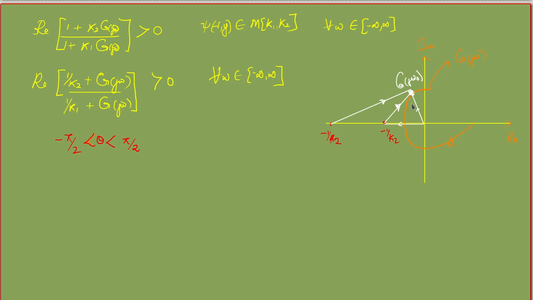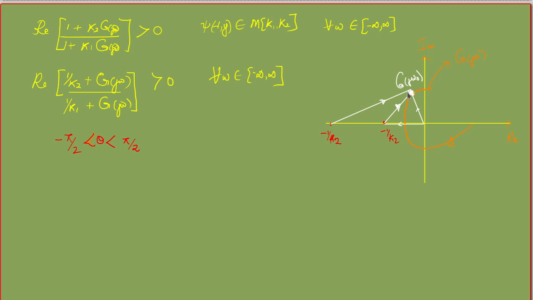Okay, so for any omega on the whole region or domain, minus infinity to infinity, we can say that this length is this length and this length is this length. Okay, so now we will see these magnitudes.